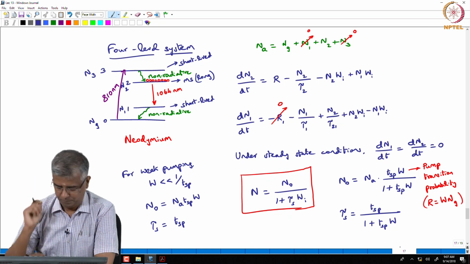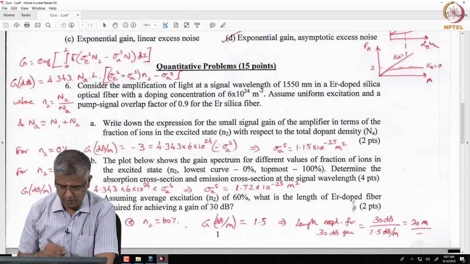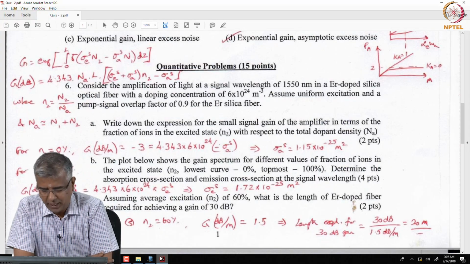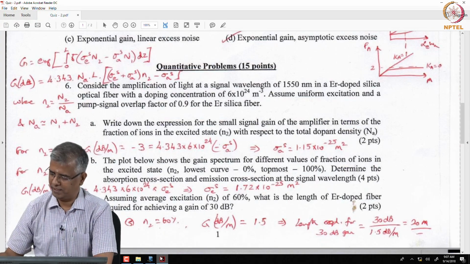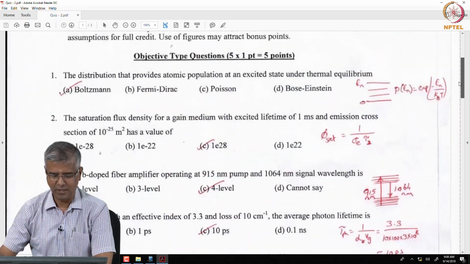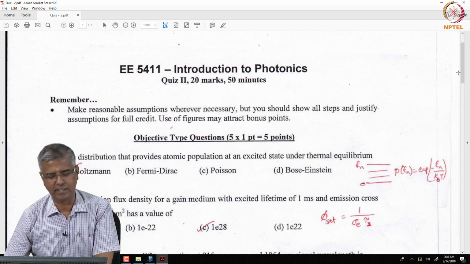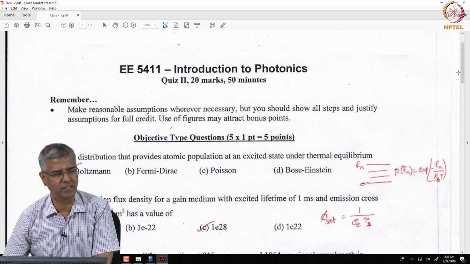Okay. So, for this, I thought it would be a good idea to go back and consider this quiz problem. This is actually quiz 2 last year or the year before, in 2016.